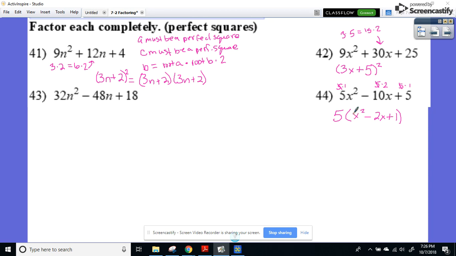Okay, perfect square. 1 is a perfect square. 1 is a perfect square. The root of that is 1. The root of that is 1. 1 times 1 equals 1 times 2. It matches. So that means that this is the root in front of the x. Make this sign match this sign, and the root of that one.